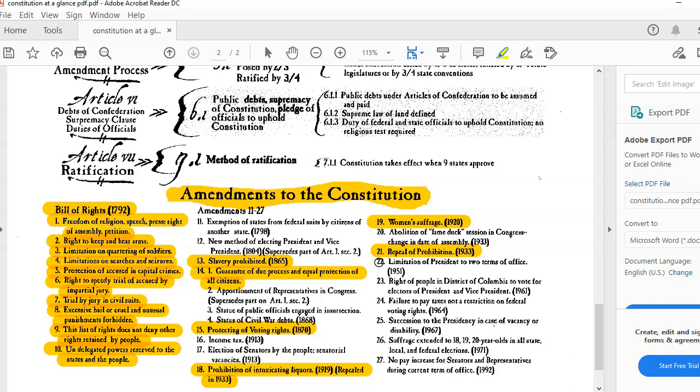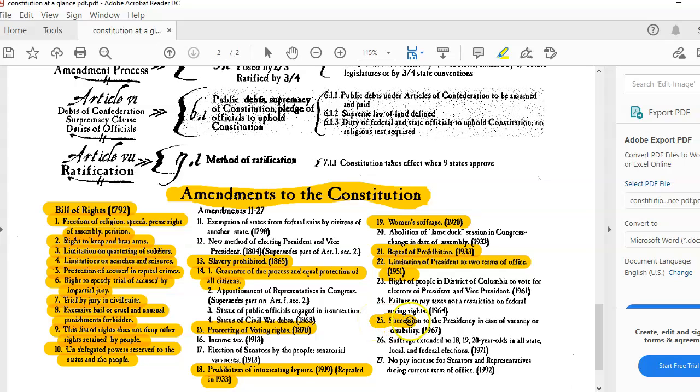So he only served about 14 years. Anyway, so now there's a limitation that presidents can serve only 2 terms of office, which is a total of 8 years. All right, so 22, and then we'll skip down to 25.